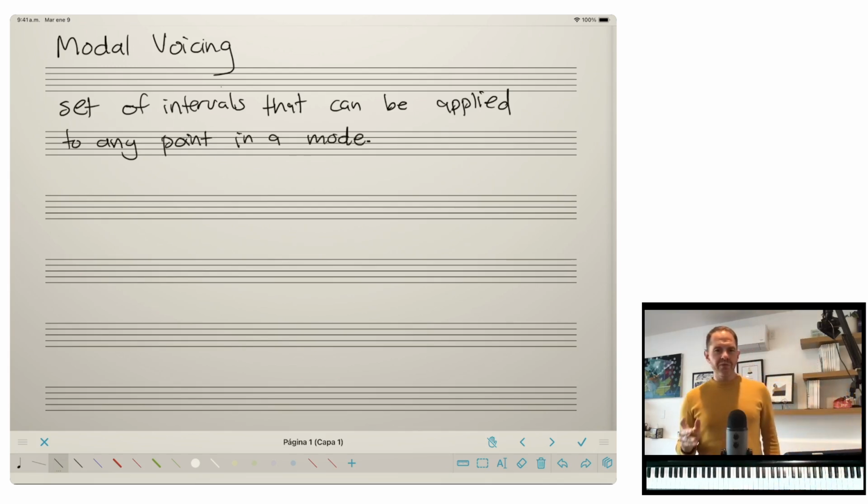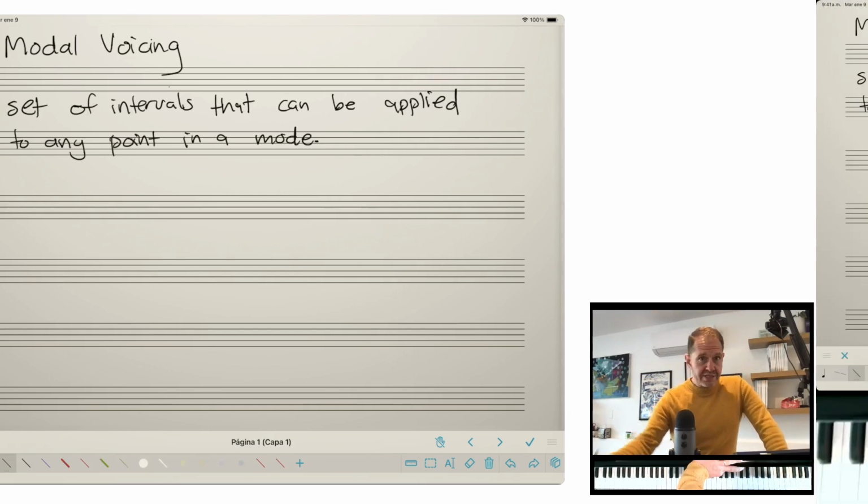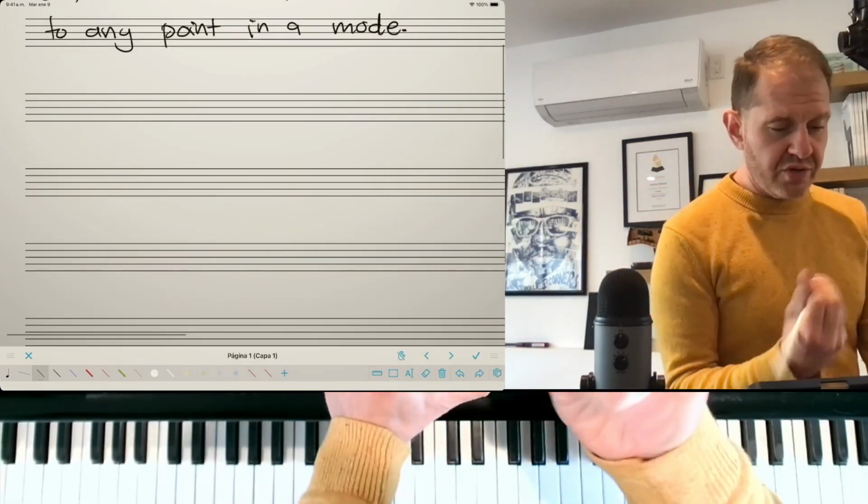And so what this is actually kind of saying is that modal voicings are more a process than a voicing type, because we can choose any set of intervals, and if we start moving them around a mode, then what we're doing is we're creating a modal voicing. So just to prove my point, let's say that our modal voicing is going to be 3/3.